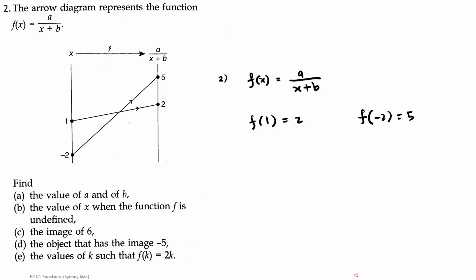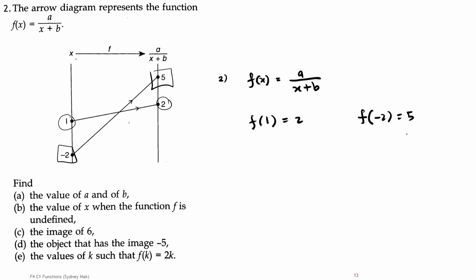So under the f, the x, because f(x) equals to a over x plus b, right? So this line, your x is 1, the other side is 2. So it will be f(1) equals to 2. And then for this line, your left hand side is -2, your right hand side is 5. So f maps -2 onto 5.